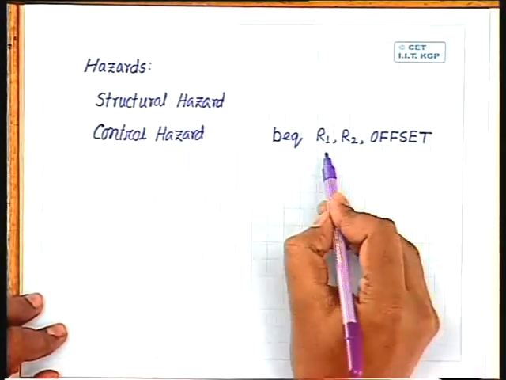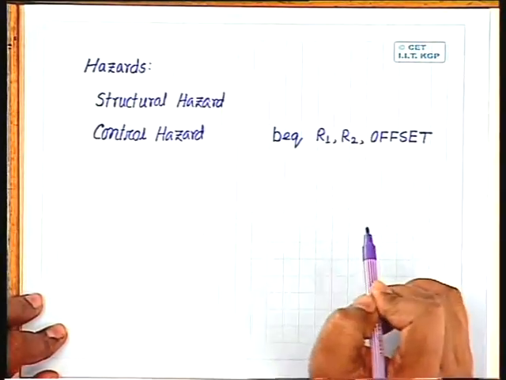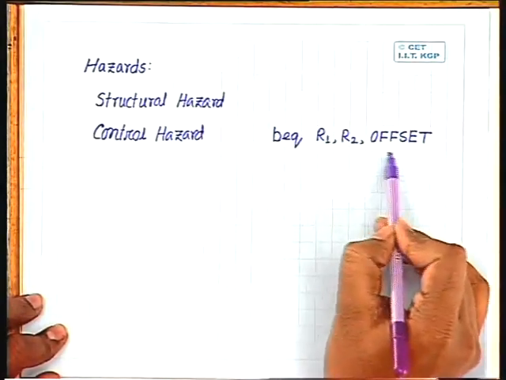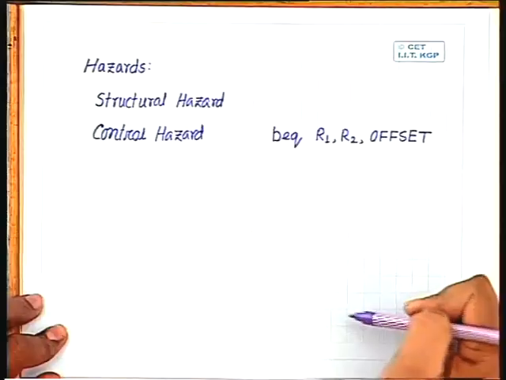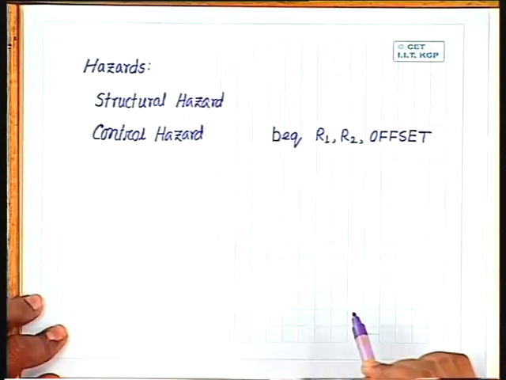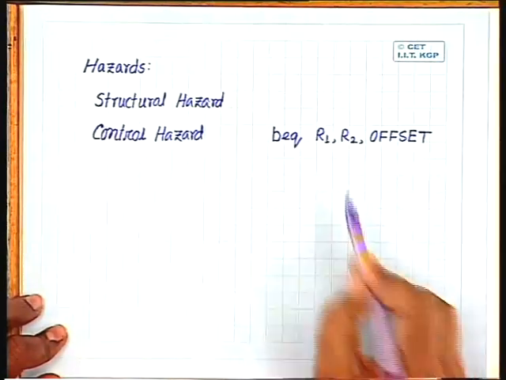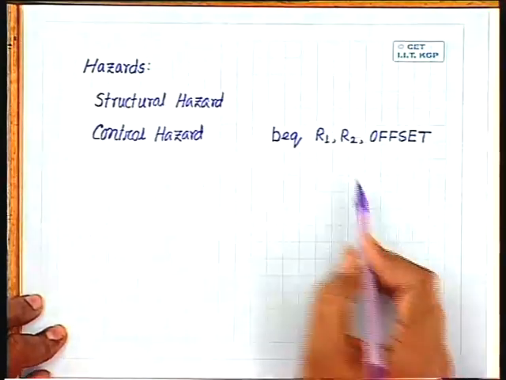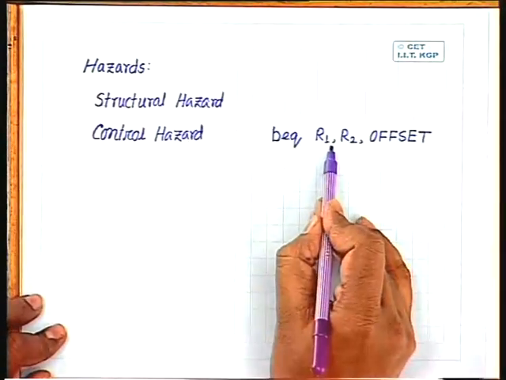Now here it says that whenever R1 and R2 are the same, then you have to take the branch, and the branch address will be offset value away from the current program counter value. Okay. Now whether this branch has to be taken or not depends upon the output of this instruction.